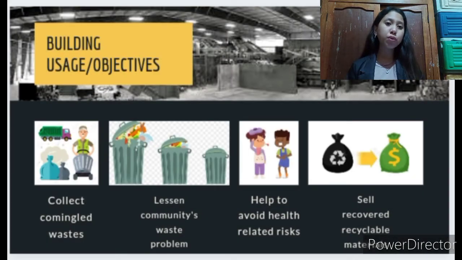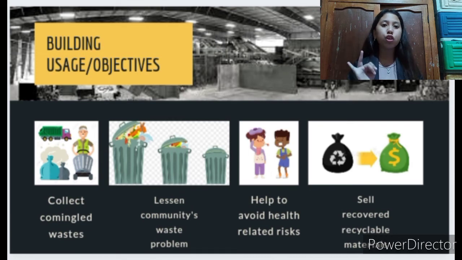And now, let us proceed to the first reason why MRF should be introduced to the market. First is the building's usage and objectives. So the first building's usage and objective is to collect all the mixed type of wastes from both residential and industrial establishments to sort, recycle, and sell them to the business industry.